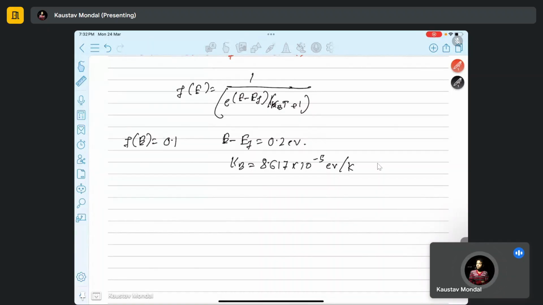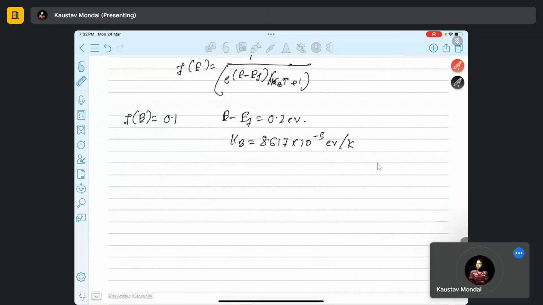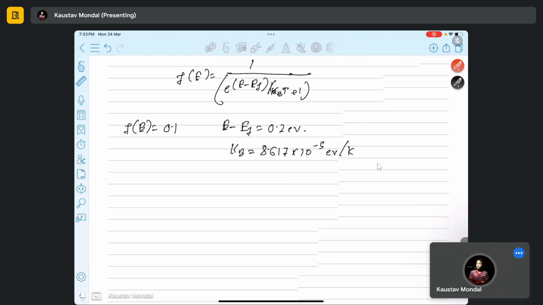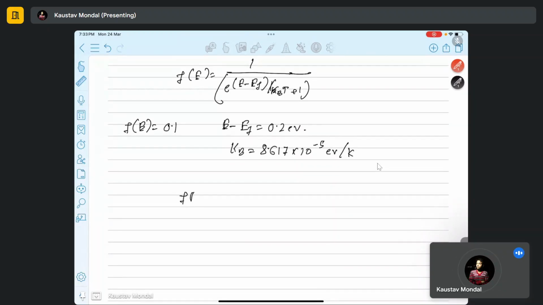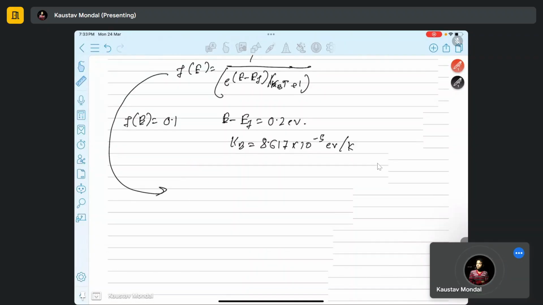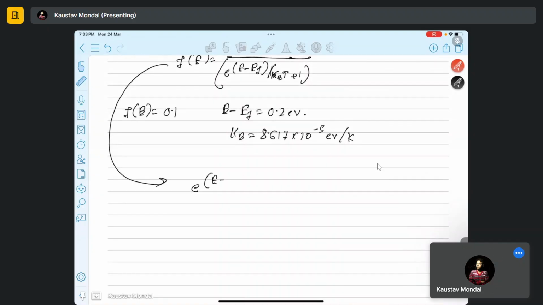So now everything comes together like this. The probability is 10%. So now just write this thing. We can write e to the power (E minus EF) by kBT plus 1 equal to 1 by F(E).